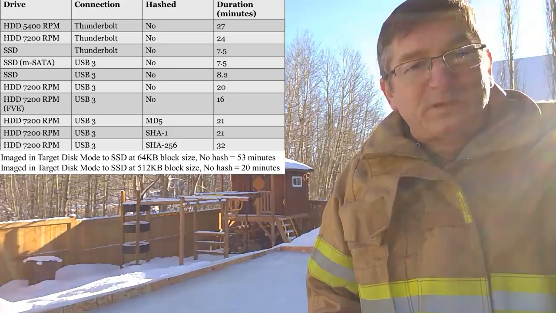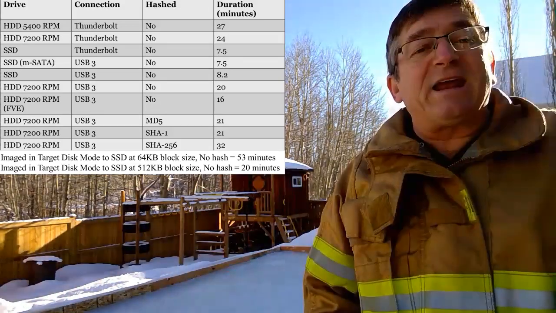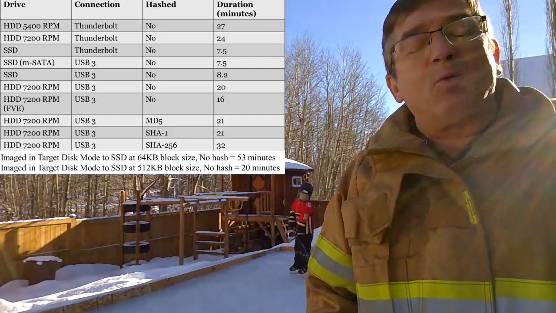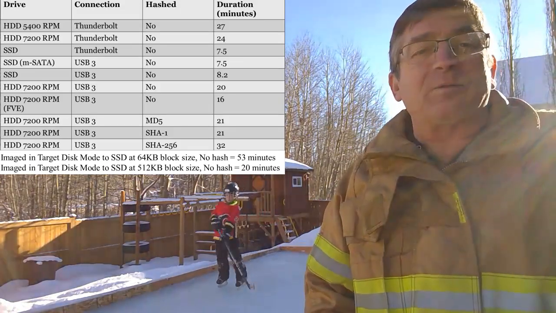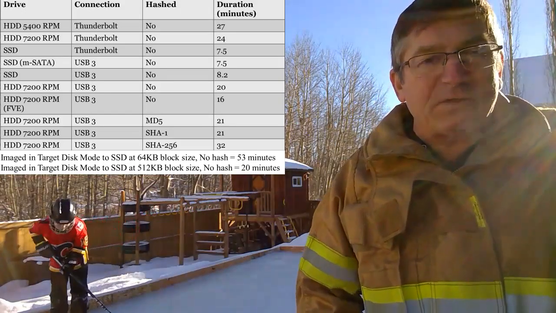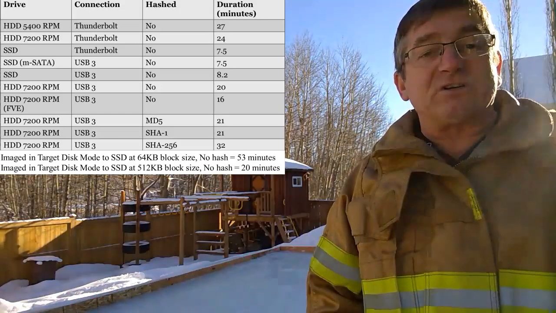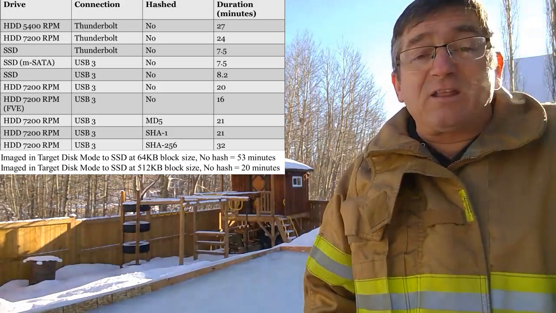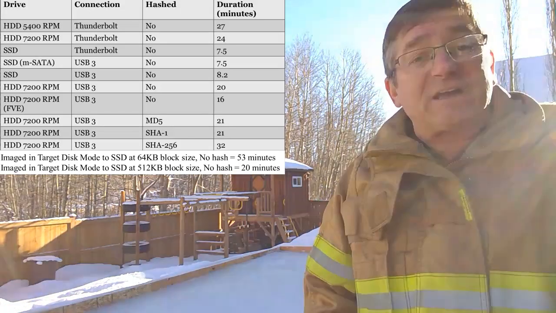Because at least with that T7, we're getting a gig. We're getting about 1,000 megabytes per second write speed, and that is going to significantly speed up your acquisition time. You can see by the chart that we have significant differences.